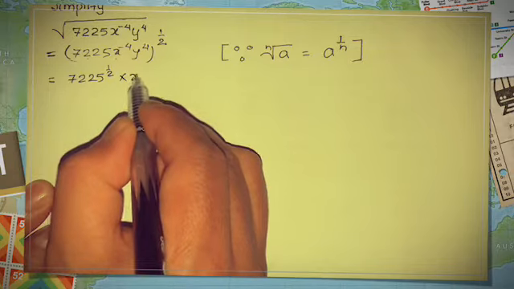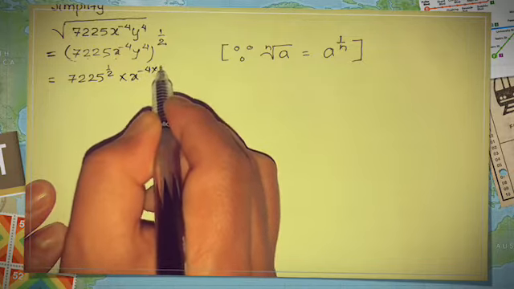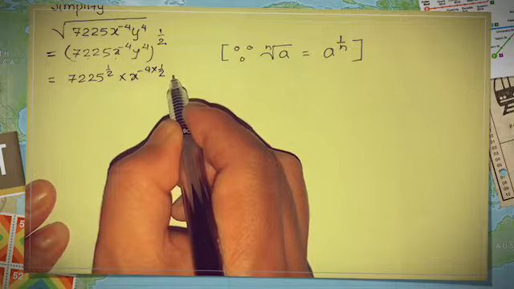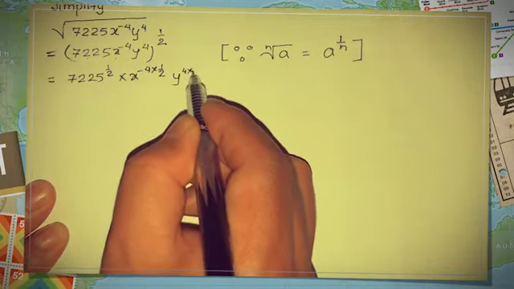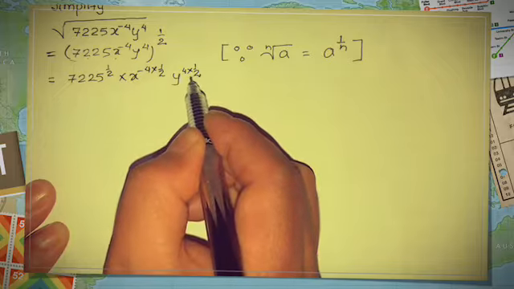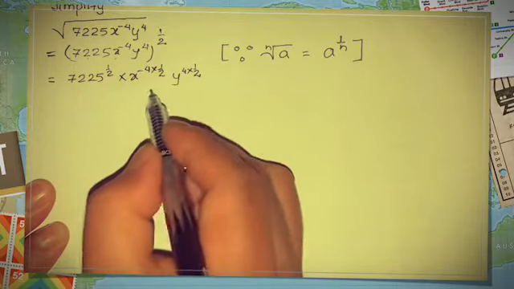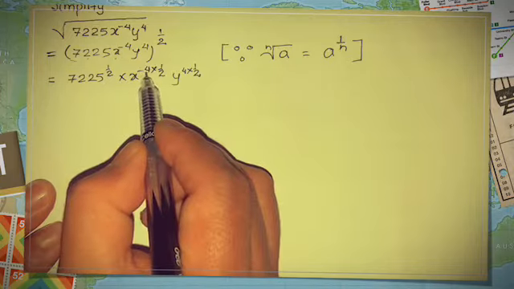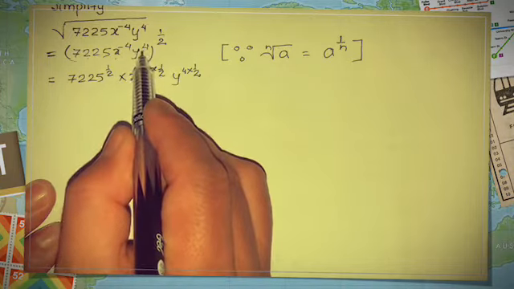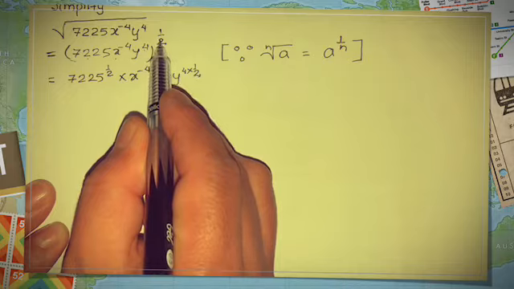Okay, and so what we have done here: minus 4 and 1 by 2 are powers. Okay, so power and power are multiplied.